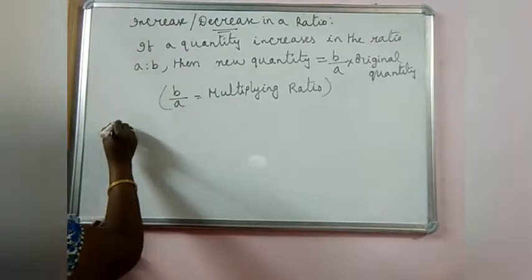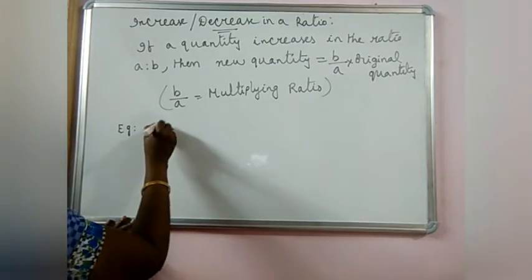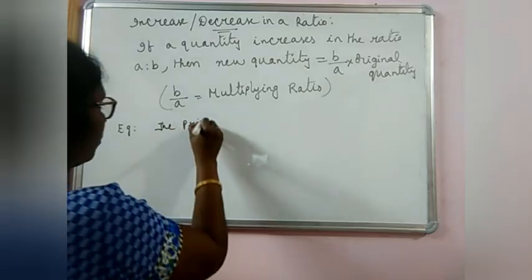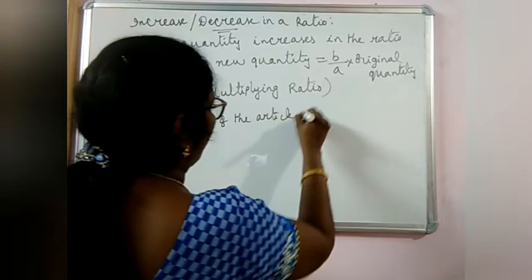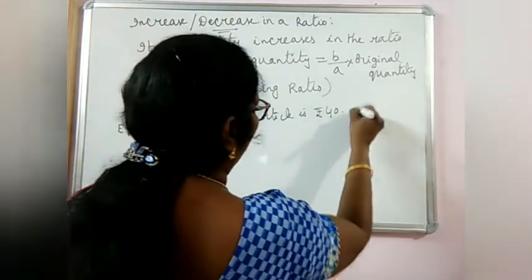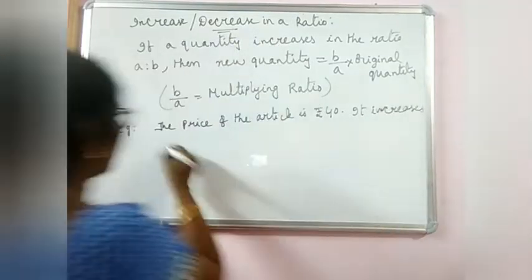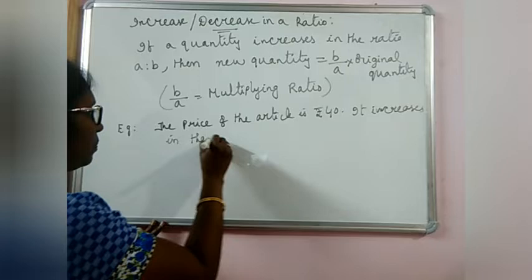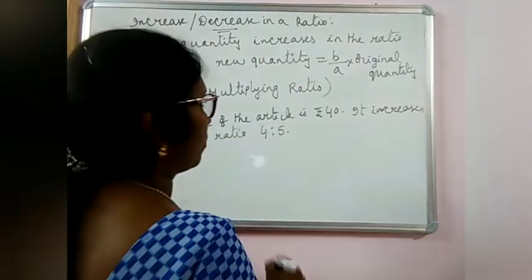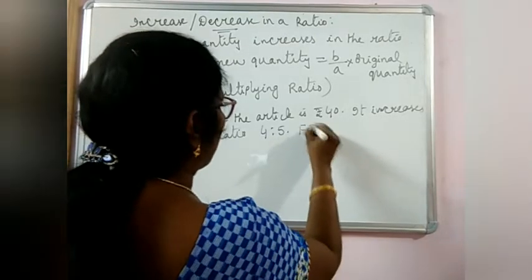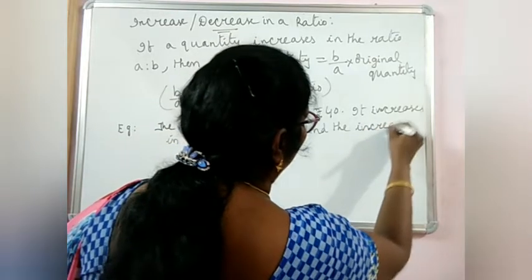Let me give you one example related to this. The price of the article is 40 rupees. It increases in the ratio 4:5. Find the new price. Find the increased price of the article.